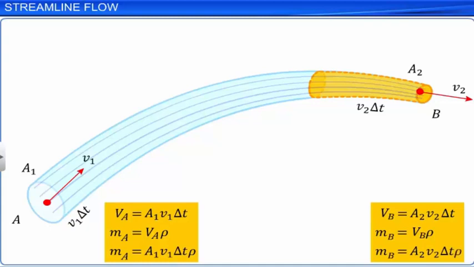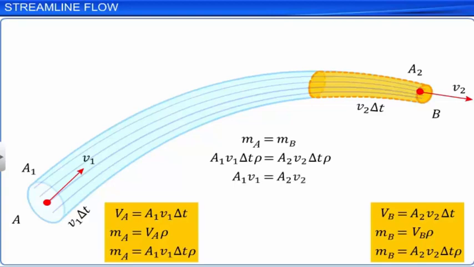As the fluid is incompressible, its density remains constant. As the mass of the fluid entering is equal to the mass of the fluid leaving the tube, we have A1 V1 delta t ρ is equal to A2 V2 delta t ρ. On simplification, we get A1 V1 is equal to A2 V2.